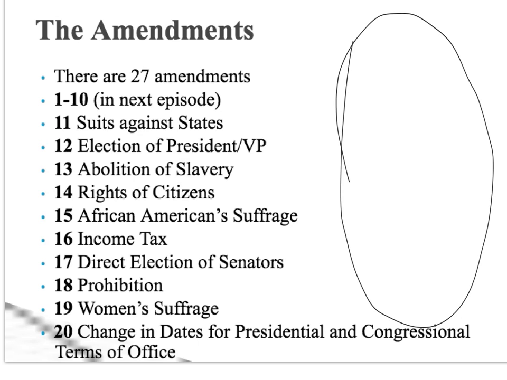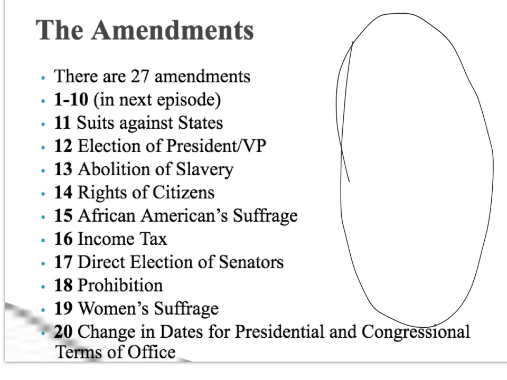But like I said, Amendment 1 through 10 we'll go through in episode 11, which leads us to the 11th Amendment, which is suits against the state. And I don't mean suits the type you wear. I'm talking about lawsuits. That's not just how one can sue a state, but how one cannot sue a state, actually.